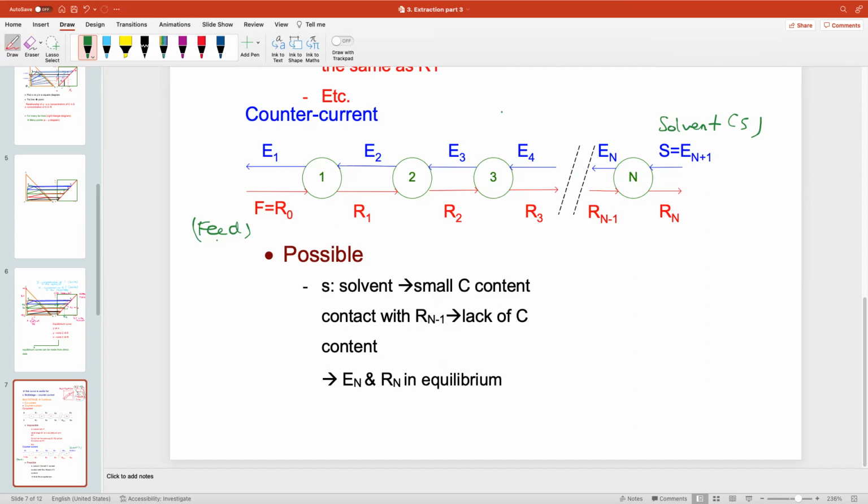So like distillation, in the end you will have an enriched extract, E1, and your Rn would be very depleted in solute. So you have a low C in the Rn.